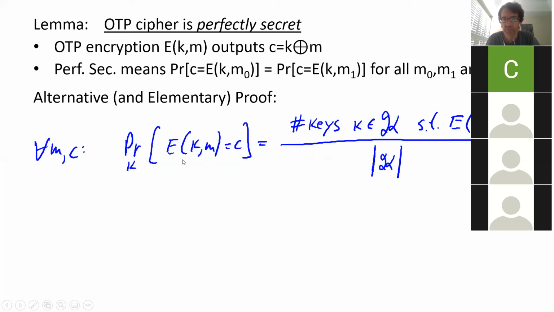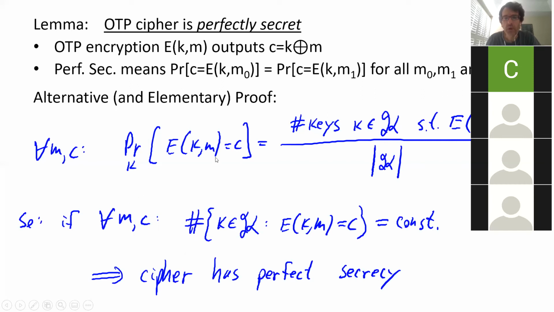Well, if encryption is deterministic, then I can just count keys for which it is true that M on that key is mapped to C. That's in my numerator, and divide by all possible keys, right? So that is the probability over keys that this is true, which is simply the probability of hitting a key that makes this true. And if it's deterministic, then it's either true about some key or it's not, right? So you count the keys.